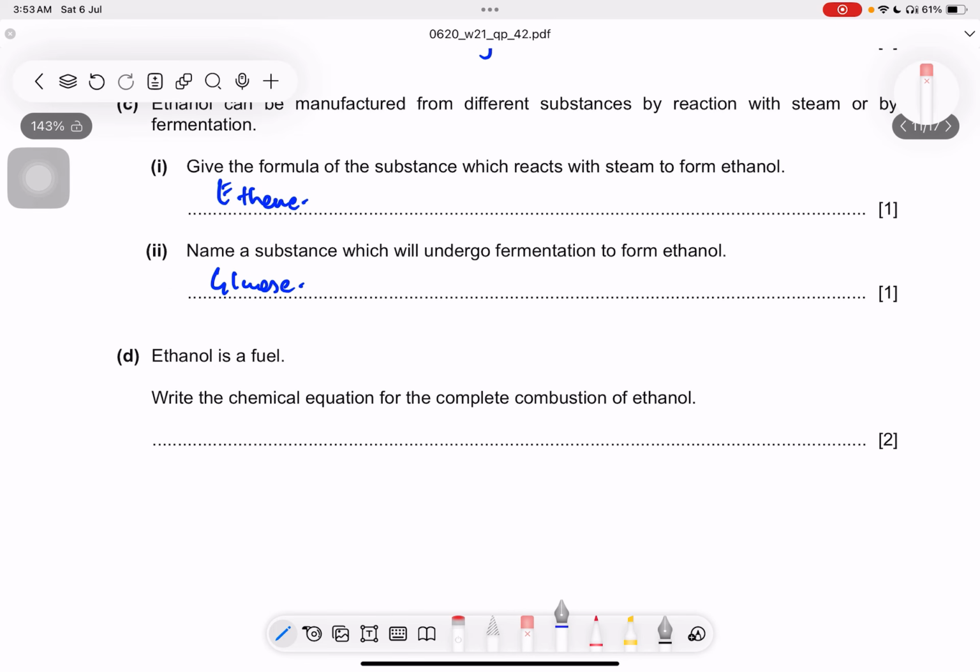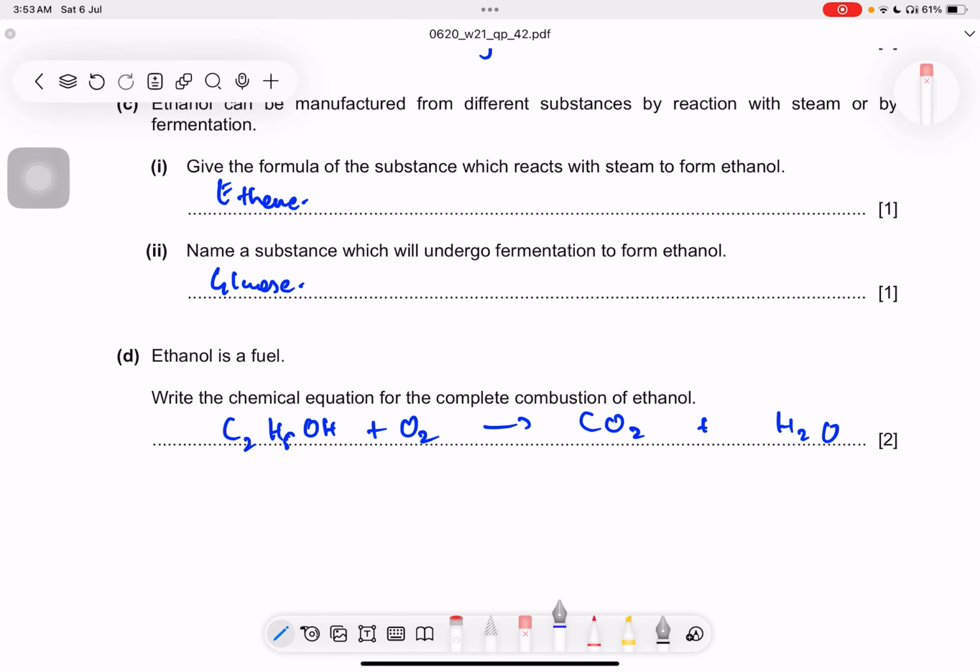Write the chemical equation for the complete combustion of ethanol. So all organic compounds react with oxygen and combust to form carbon dioxide and water. So to balance this, two carbons on this side as well, and six hydrogens on the left side. So six hydrogens on the right side, three twos are six.